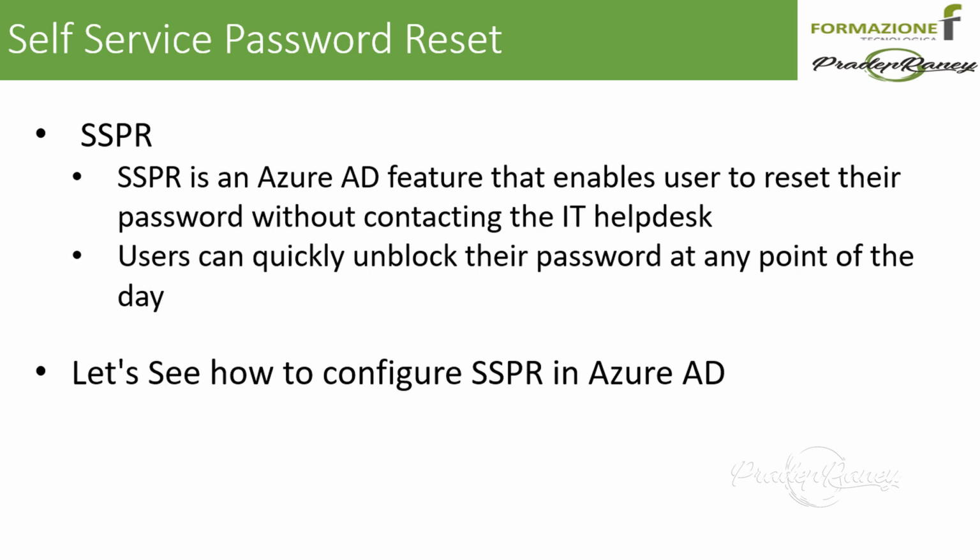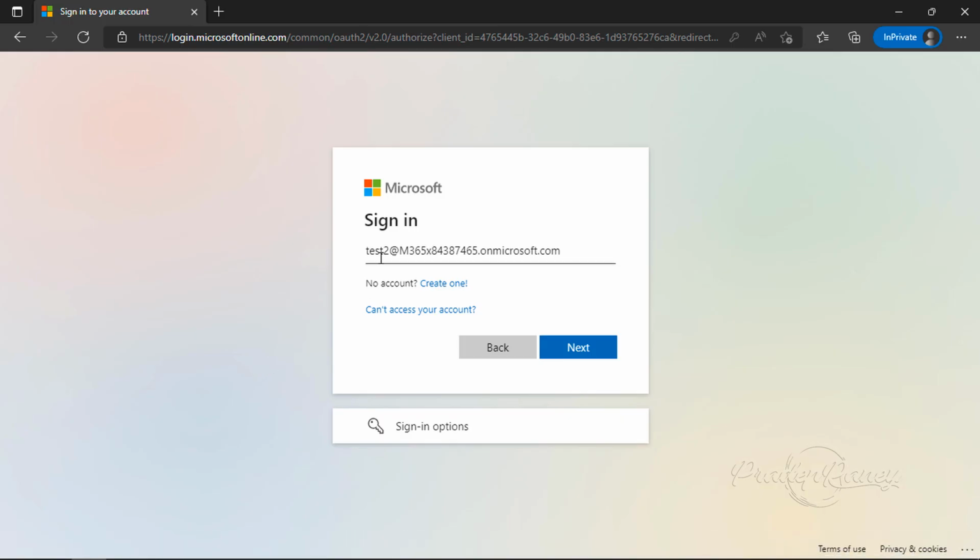Now what I've done is I have already created a user by the name of test2. We will sign in with the user before configuring SSPR, then we will configure SSPR, and then we will see what difference it makes when the user signs in. So this is the user signing in before we have configured SSPR.